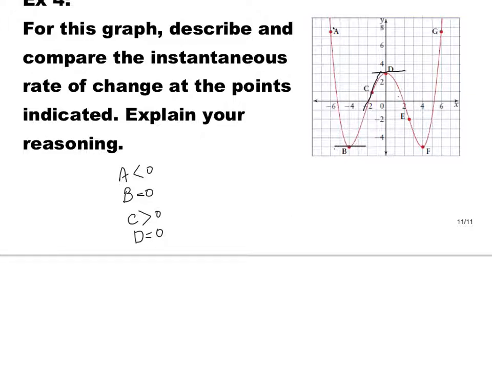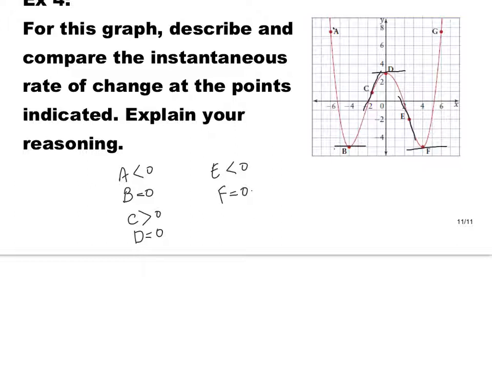At point E, again, the tangent at point E is going to have a negative rate of change since the function is decreasing. At point F, again, the tangent is going to be parallel to x-axis, so this means that at point F the rate of change is 0.